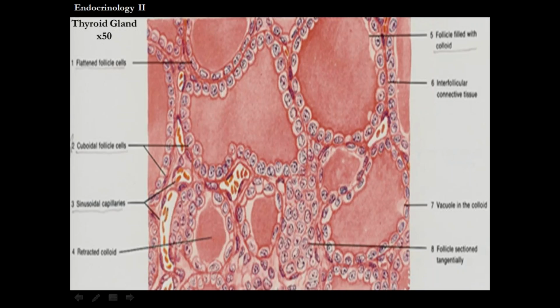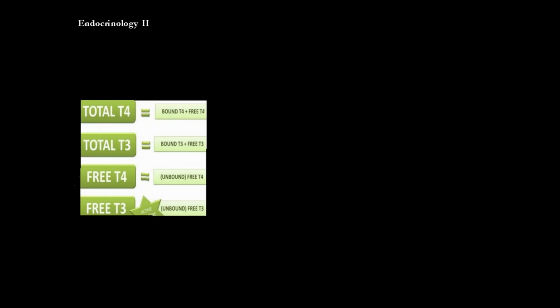They are going to be one after another, and in the center they are going to form the colloid. So we just said that the thyroglobulin, a protein produced by the follicular cells, is going to be drained into the colloid.